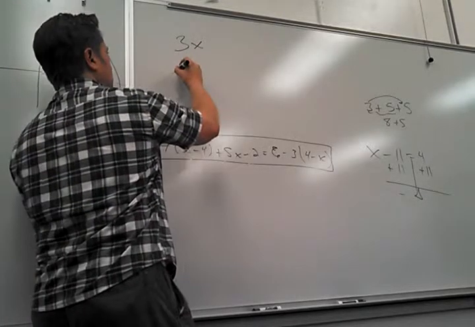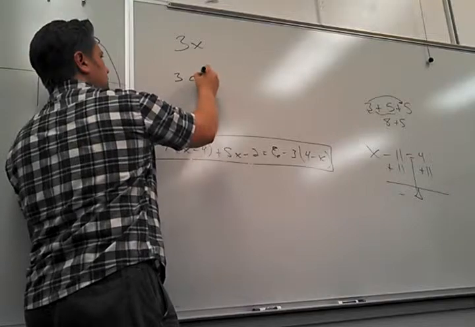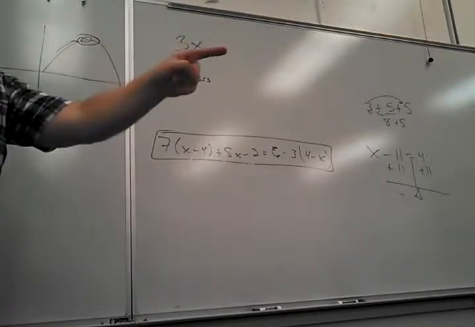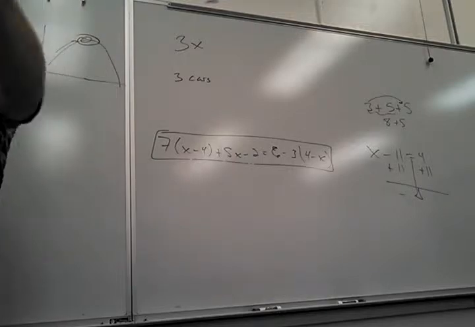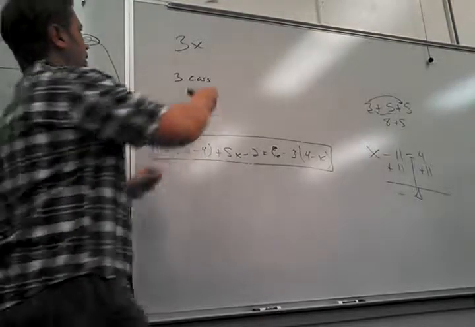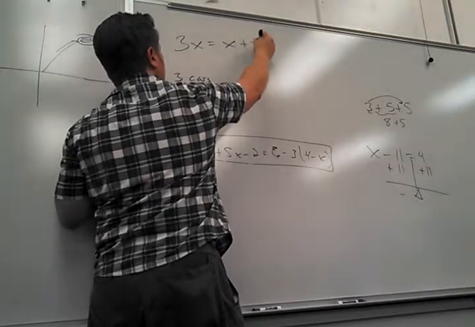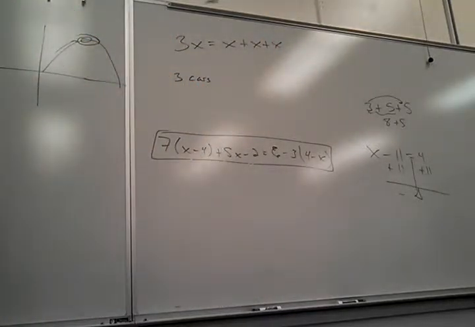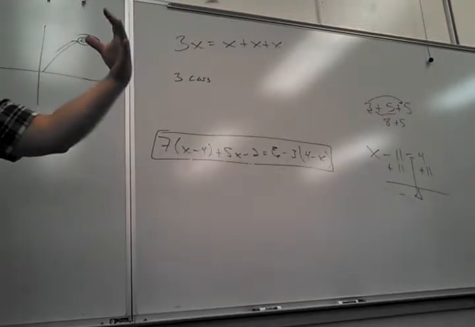Right? So let me ask you this. If I said I see 3 cars, that means I see 1 car, and another car, and another car. So if I see 3 x's, I see 1 x, and another x, and another x. Really, that coefficient is a way of consolidating a bunch of x's in a row.